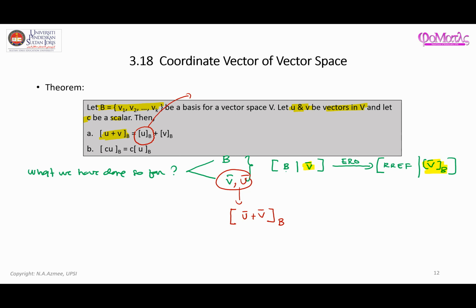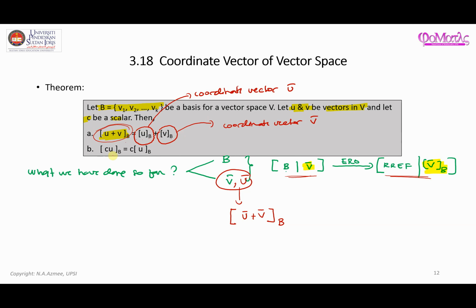Then repeat the process to find the coordinate vector of v. Once you get the results, you can just add the two together and you'll be able to answer this question. So basically that's what the theorem says.